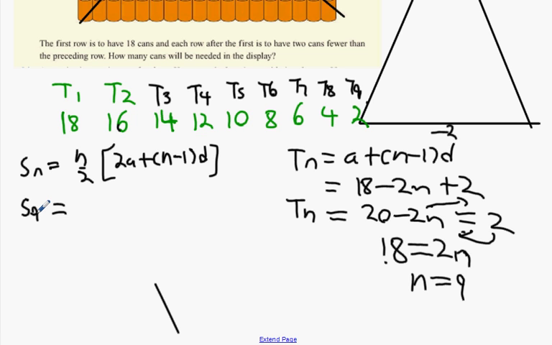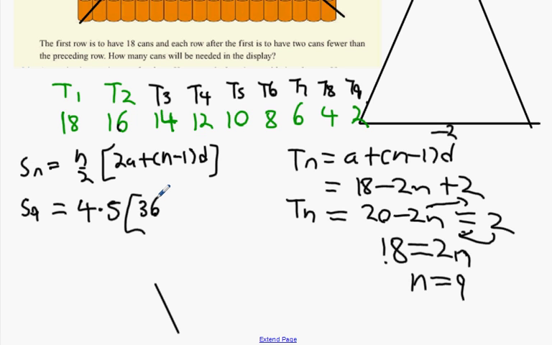Is there another part of that question? Okay. Now, what's n over 2? 9 over 2 is 4.5. 2a, what's a again? 18, so it's going to be 36.